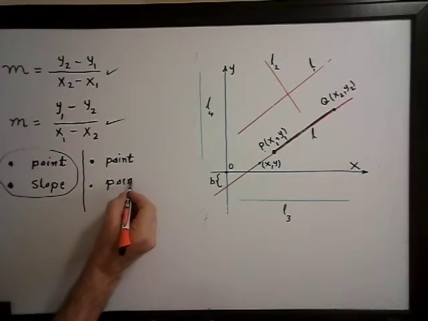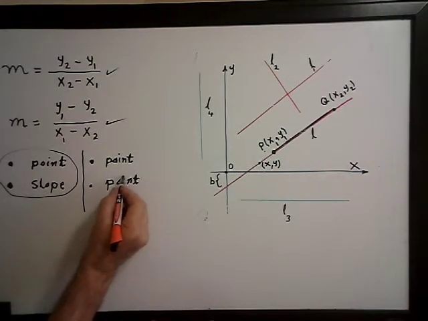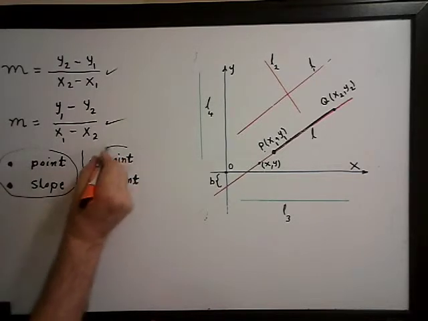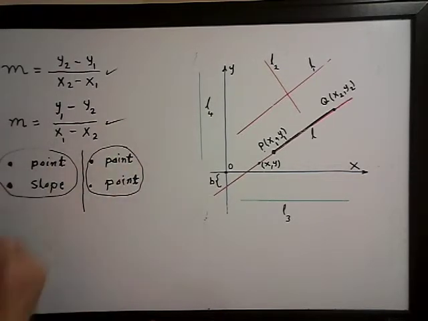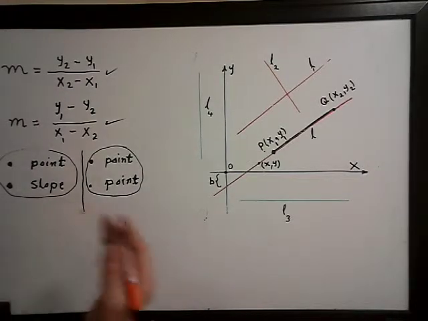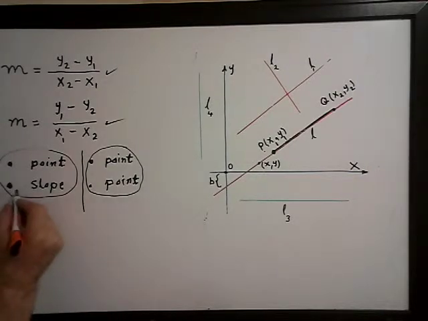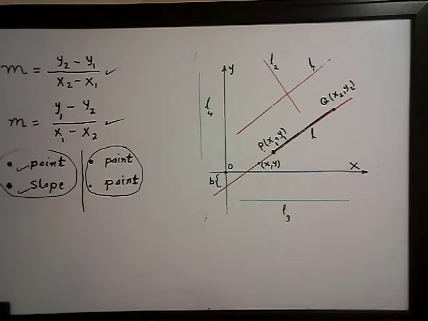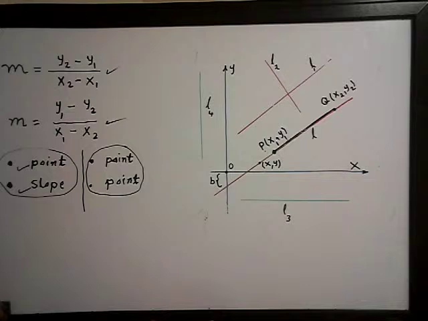So here we also got two things. Or any information that can help me to find the slope and a point on the line. So what's the equation for the line in this situation?